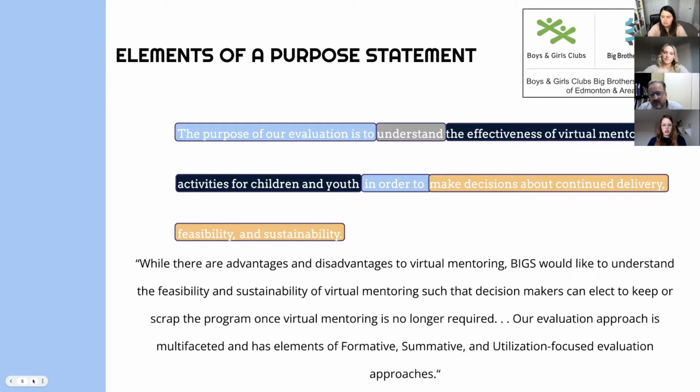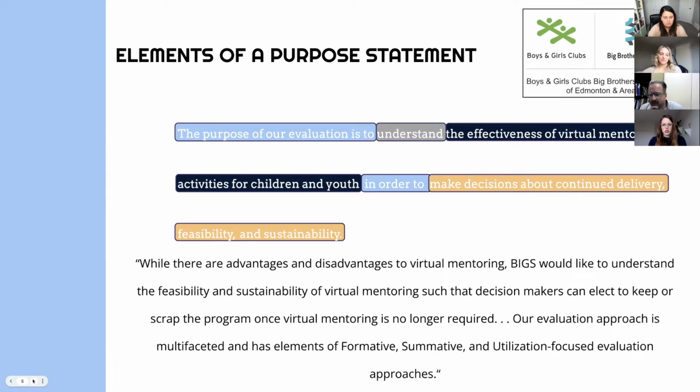The effectiveness of virtual mentoring activities for children and youth. That's the scope, who they're going to target and for what. Okay, in order to, and here's what they want to happen, right? To make decisions about continued delivery, feasibility, and sustainability.